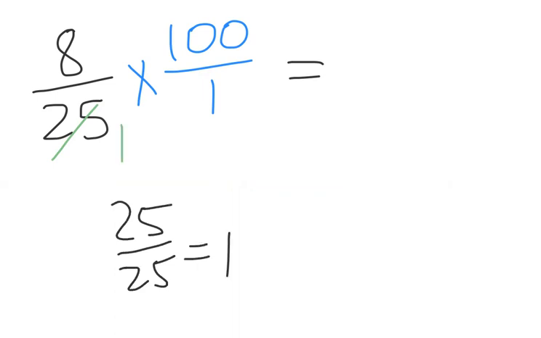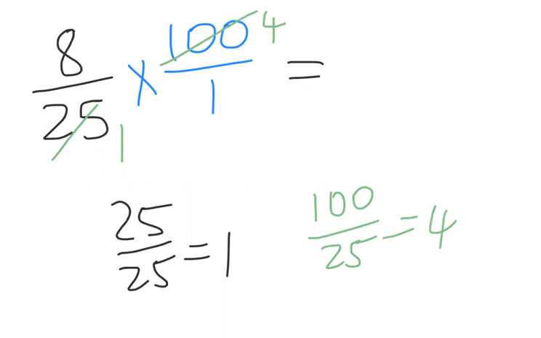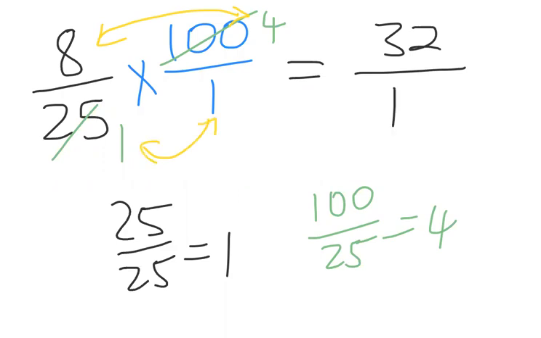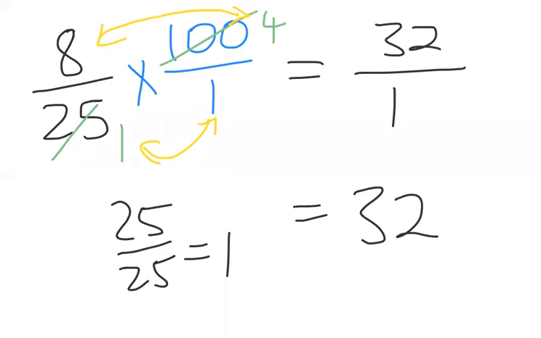Then 100 divided by 25 is 4. So what do I have now? I have 8 times 4, that gives us 32, and 1 times 1 gives us 1. The answer is 32%.